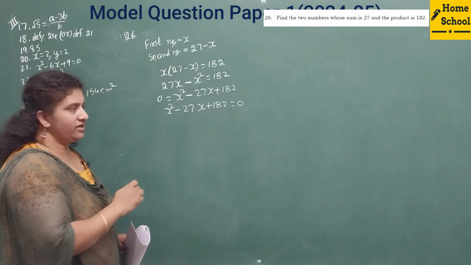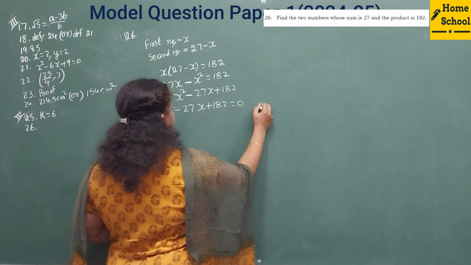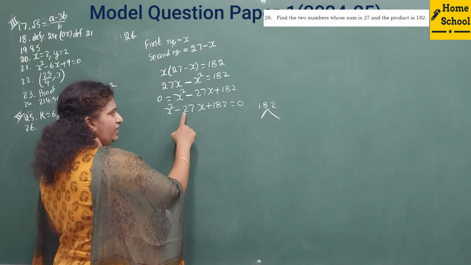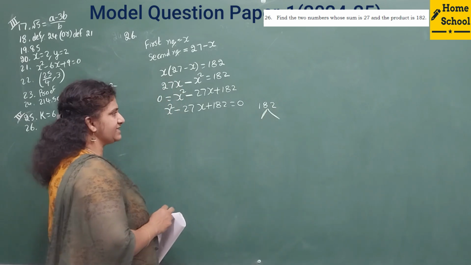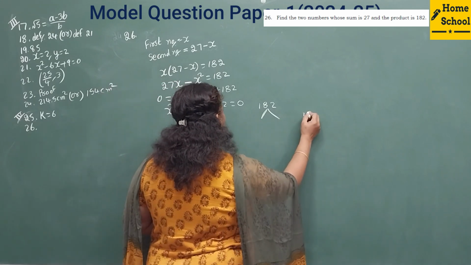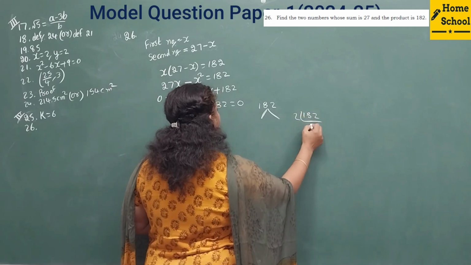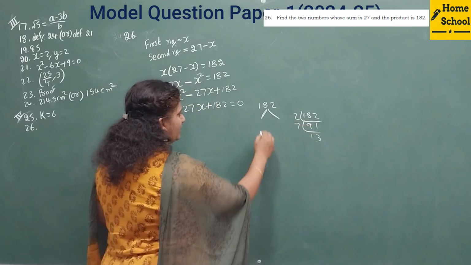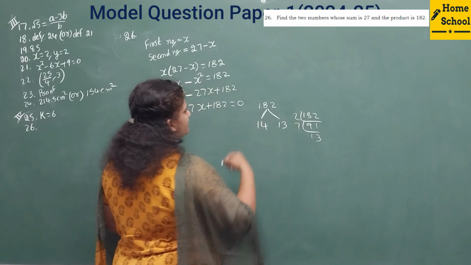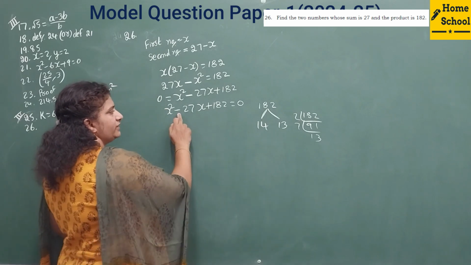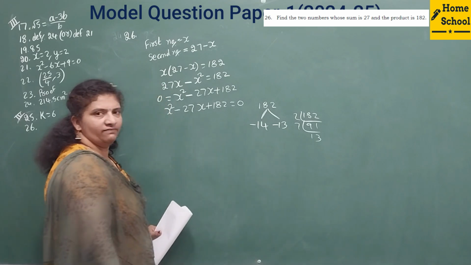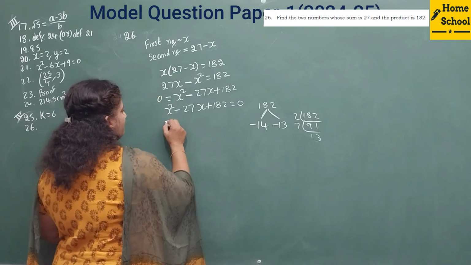Factorize the equation. 1 into 182 is 182. For 182, take the factors in such a way you should get minus 27. 182, better do LCM. 2 9s, 2 1s and 7 1s, 7 3s. That means 14 13s are 182. We should get minus 27. Minus 14 minus 13 will get minus 27.